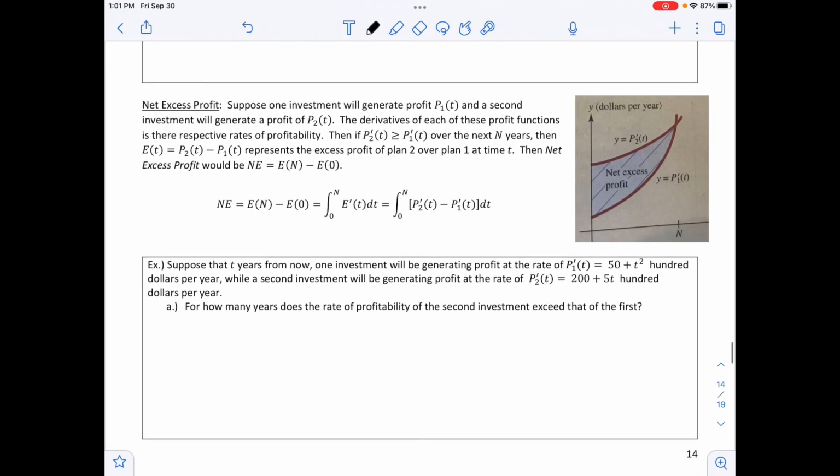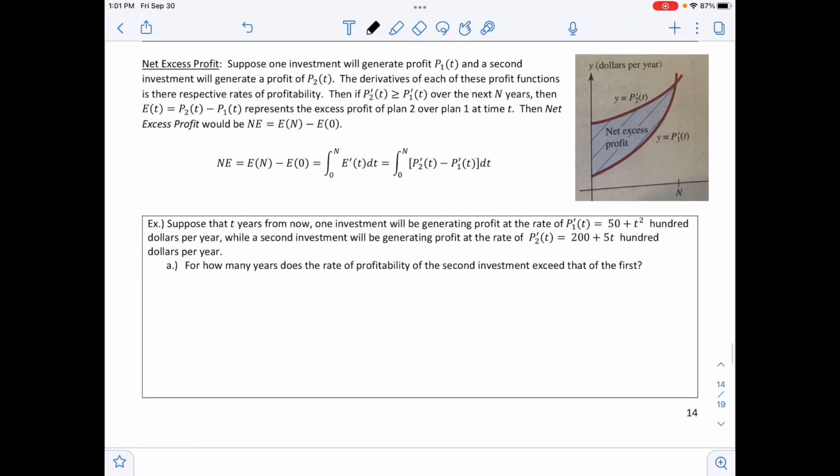Right below that, it says net excess profit. And this says suppose an investment will generate a profit of P1 of t, and a second investment will generate a profit of P2 of t. The derivatives of each of these profit functions are then the respective rates of profitability.